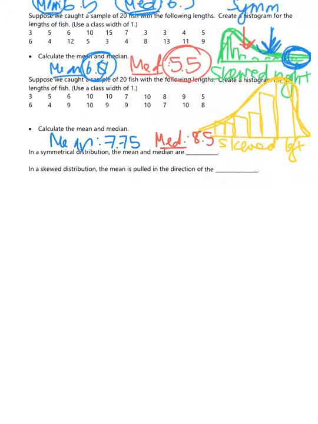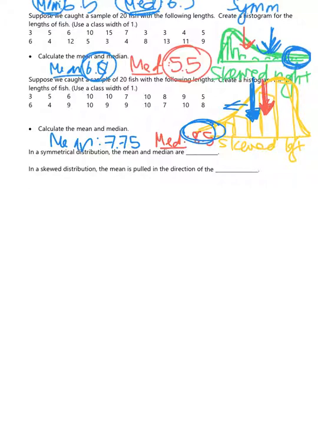So the median ended up being around here, and the mean ended up being around here. So the median was 8.5, the mean was 7.75. We can see that the mean got influenced by those low extreme values. So we see low extreme values down here, and the mean got pulled towards those extreme values, which is why the mean is less than the median in this case.